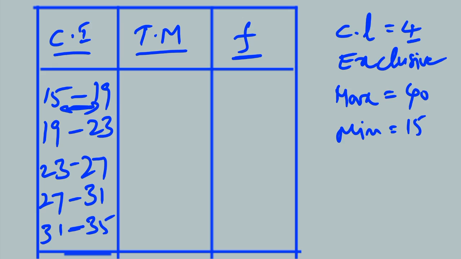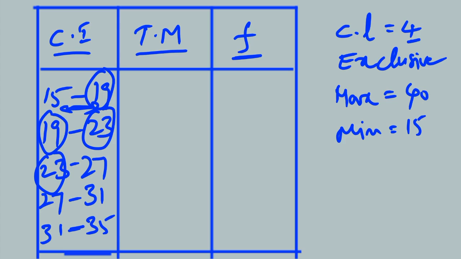In exclusive class intervals, the upper number of one interval and the lower number of the next must always be equal. The class length we can take as 19 minus 15, which is 4, or 23 minus 19, which is also 4. In exclusive class intervals we can find class length both ways, but not in inclusive.